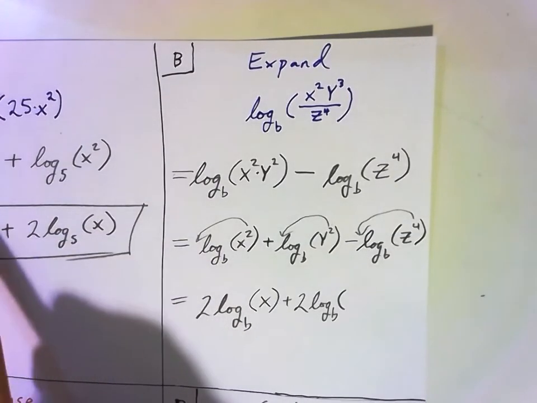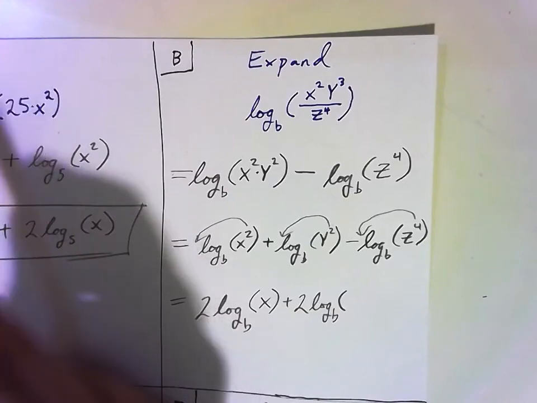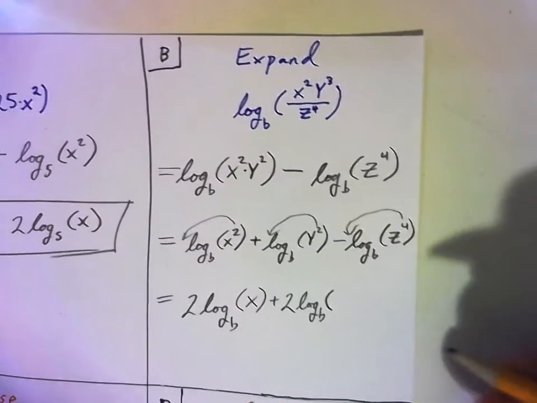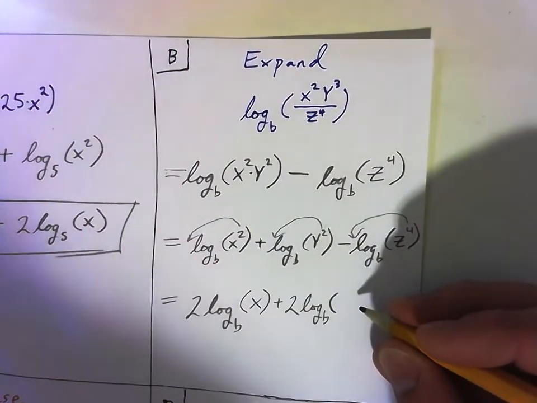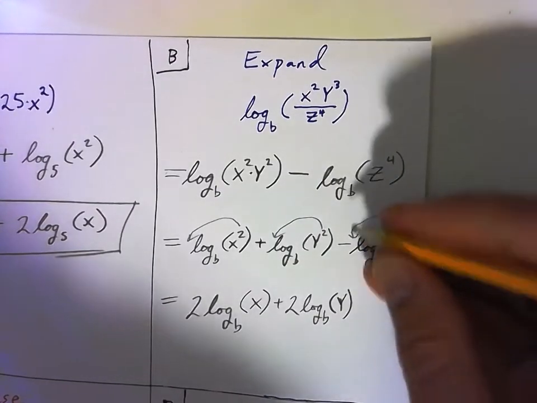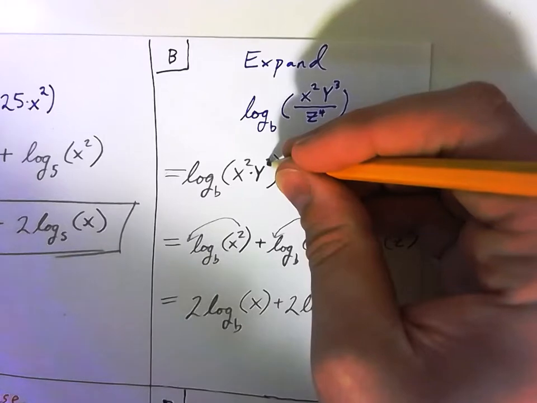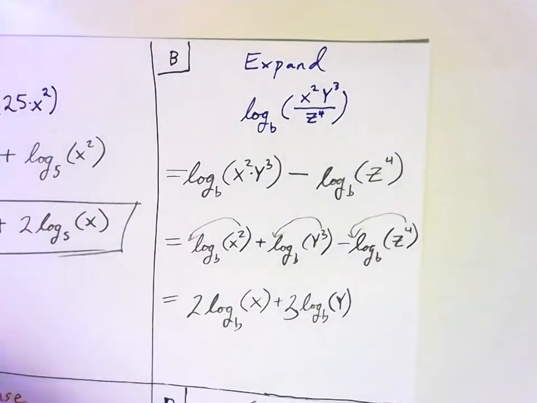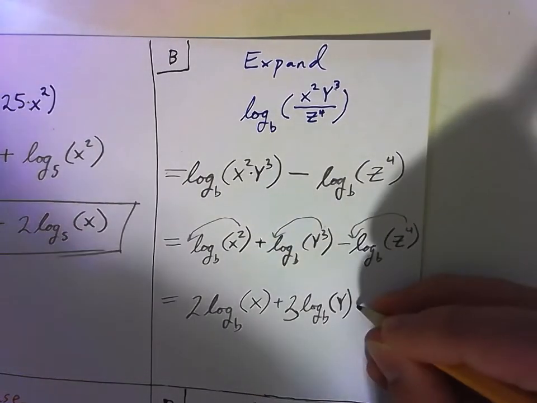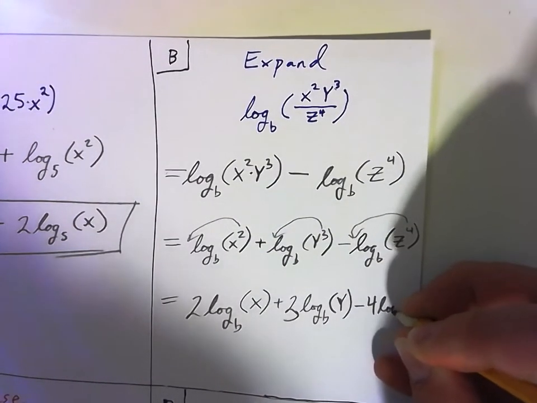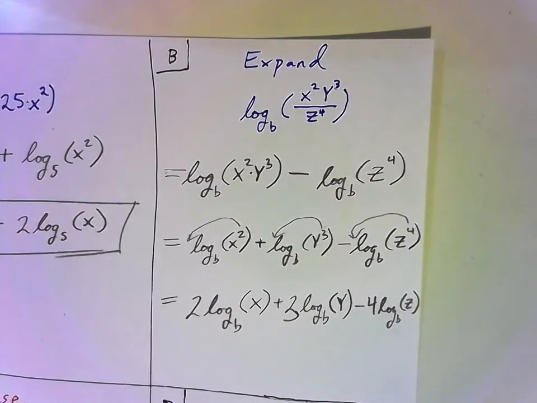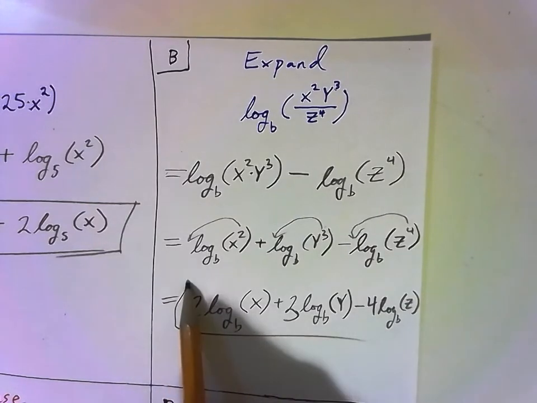Like that whole piece just became a 2 at the beginning. Oh, that was supposed to be y to the third. My bad. That's a 3 up there. And then minus 4 log of z. That's as much as you can expand it.